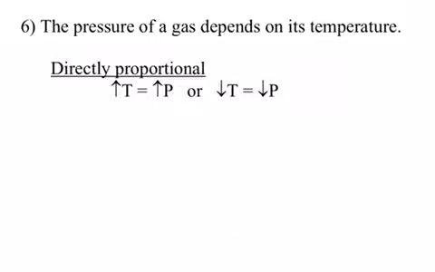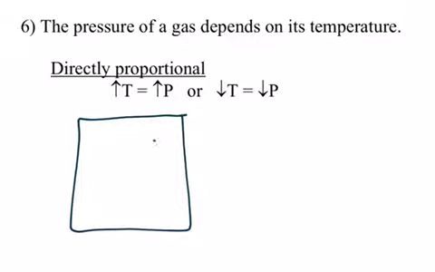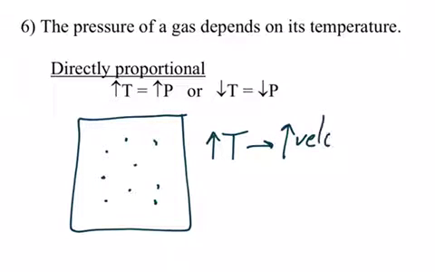Now, this one's going to be easy to explain. See, the pressure of a gas also depends on temperature. So if you think about this, we have the same container, and a little while ago I mentioned that if I increase the temperature, the molecules start moving faster. Their velocity increases, which means they now have more kinetic energy.